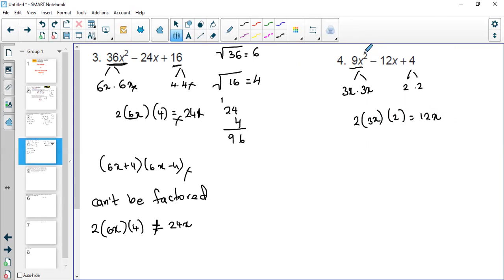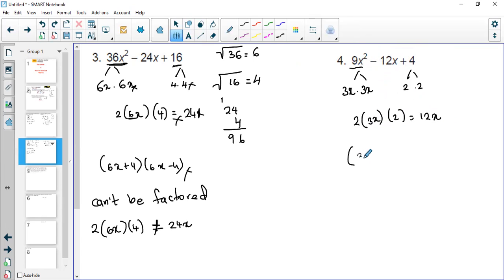But if you notice here, one is negative and one is positive. From the previous lessons, you do know how your factorization will look. You need to change any one of the factors to get a negative 12. So if you would get a negative 12, your answer needs to be in this form.